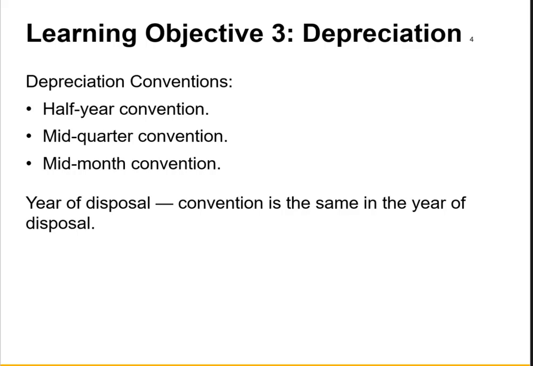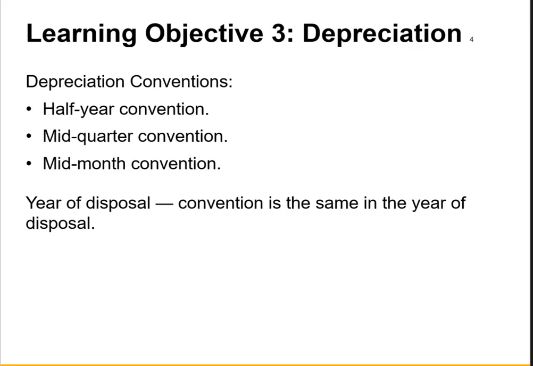That's the general rule. Okay? All real estate has to use the mid-month convention. So your residential real estate, the 27.5-year property, and your 39-year property have to use mid-month. Half-year does not apply to those.